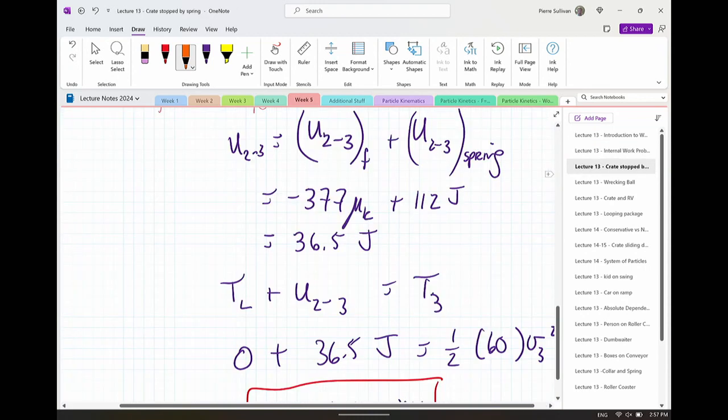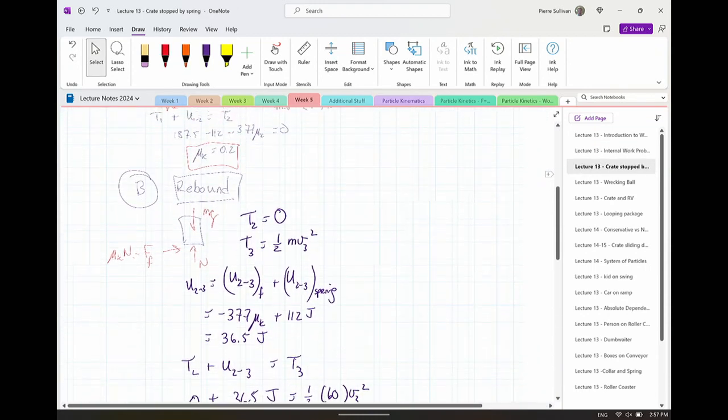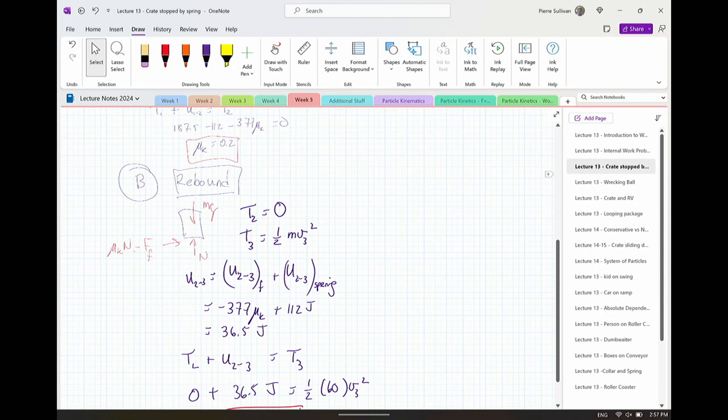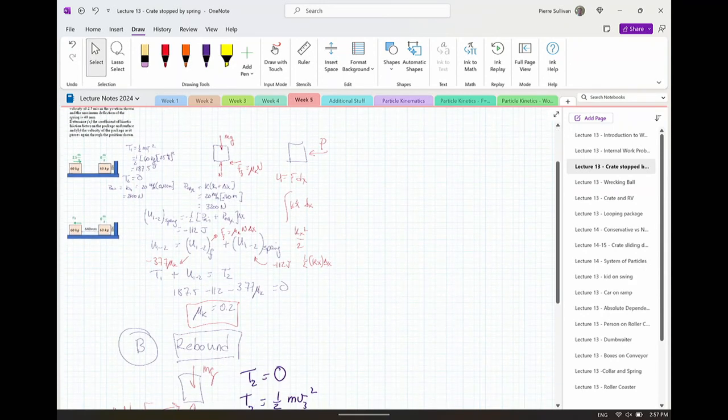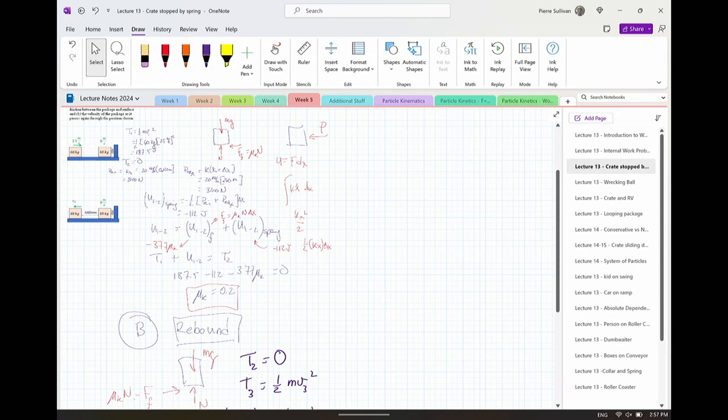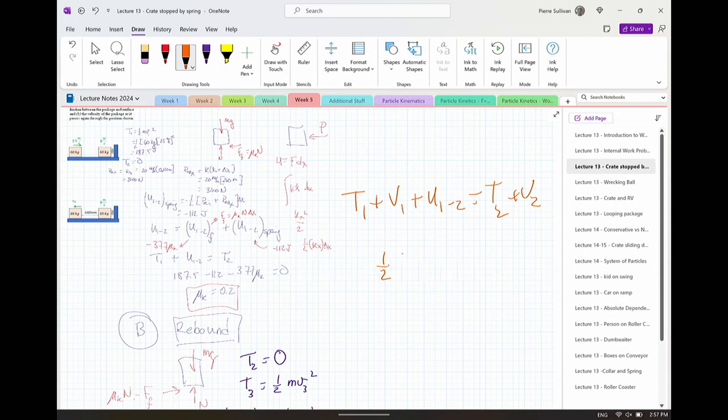So, for example, this one. This one could have been solved T1 plus V1 plus work 1 to 2 equals T2 plus V2. T1 and T2 would be the same, but it would be 1/2 P min delta x equals V1.